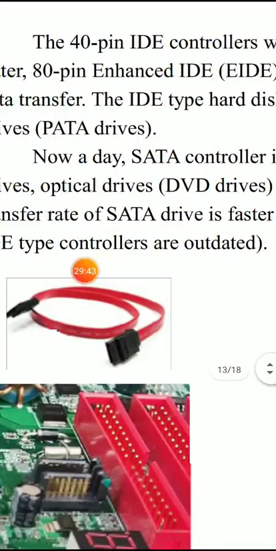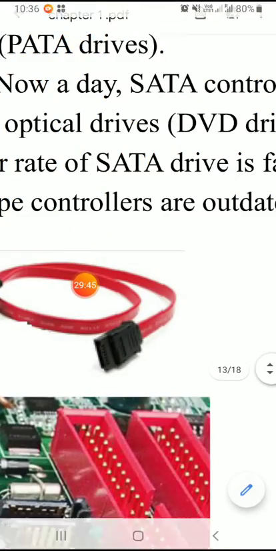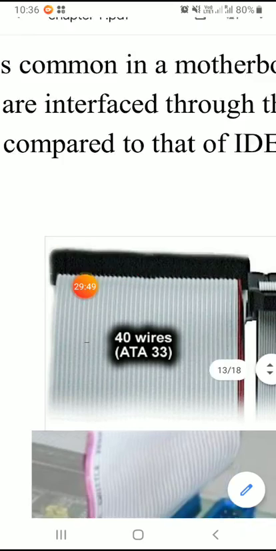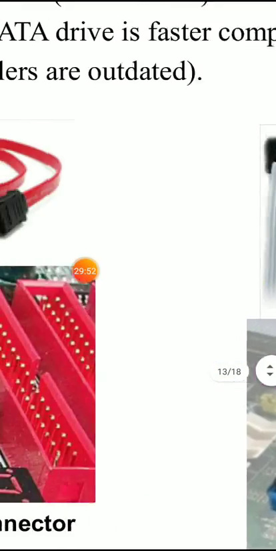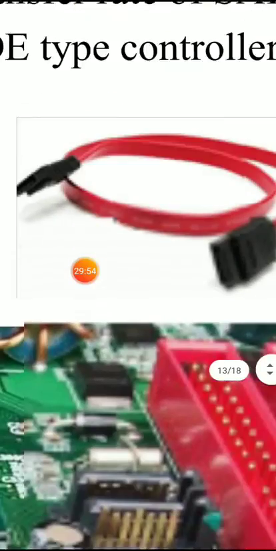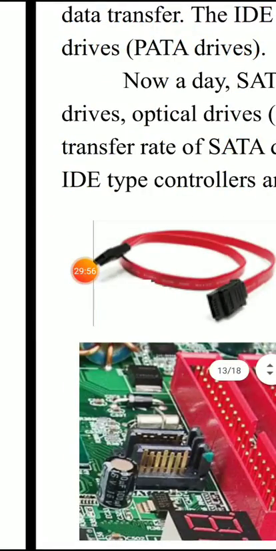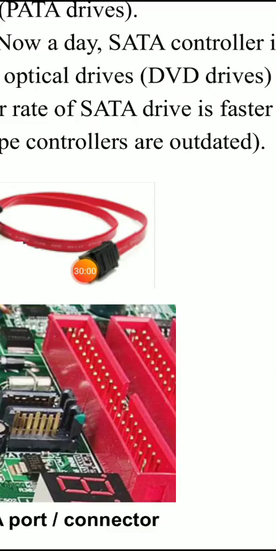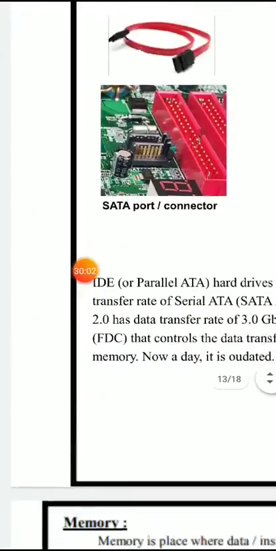I will show you them in a figure. This is called a SATA disk controller cable, and this is known as an IDE disk controller cable. This cable is replaced by this red-colored one. Nowadays the red-colored cables are used in order to interface storage devices with the motherboard or CPU of a computer system.